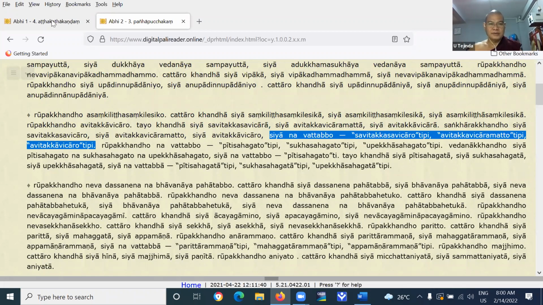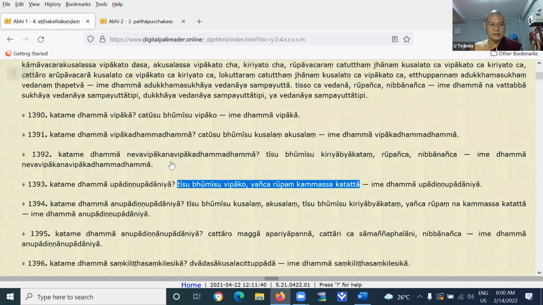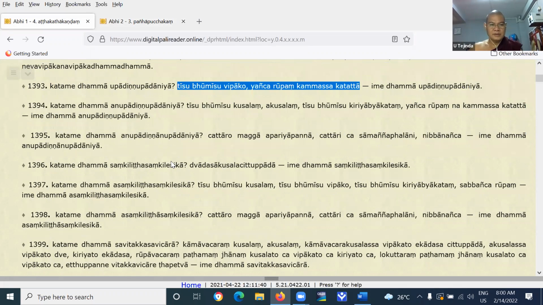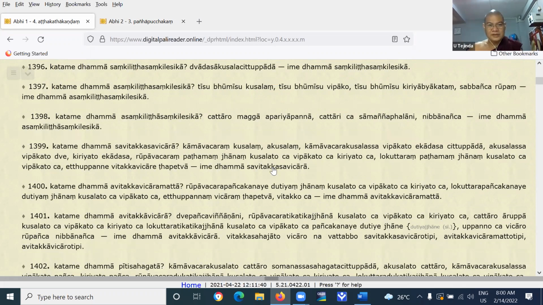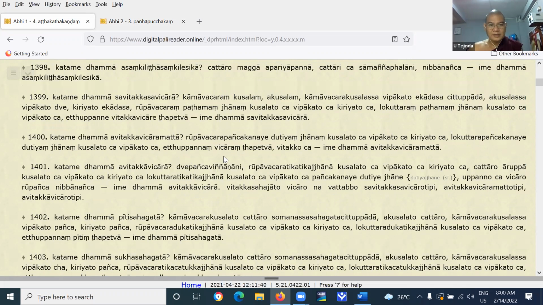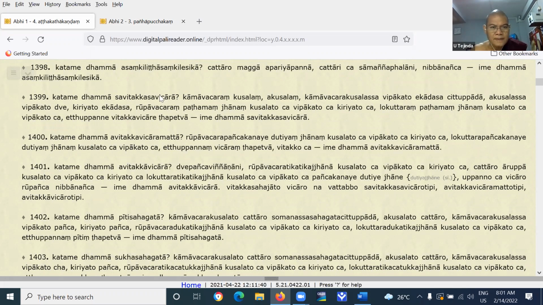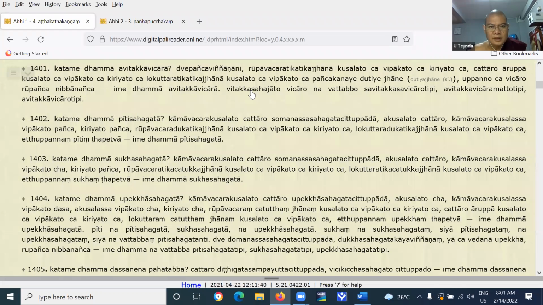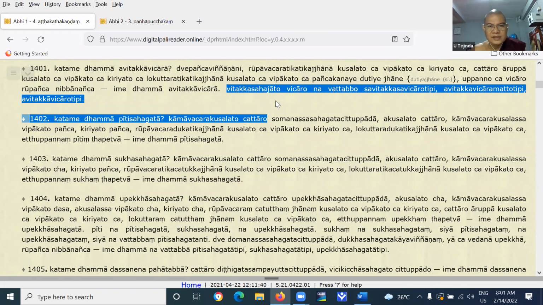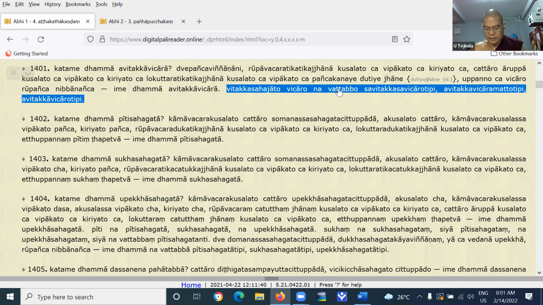So what do you have? Is that the Tika Mudaka? Of course, Tika Mudaka. And then we have the 55 Vichara, Avitaka Vichara Mata. Here we have Vitaka Sagato Vicharo.